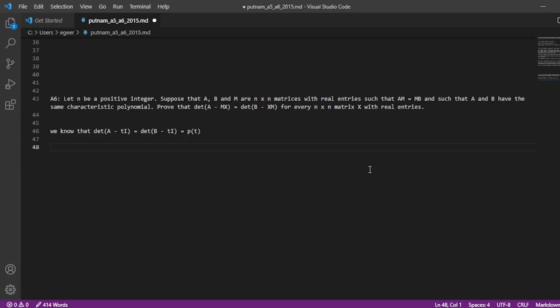A and B having the same characteristic polynomial, I think, does not give us that much information. So yeah, it would be really nice if you could just plug in T equals M here. But the problem is we can't do that.